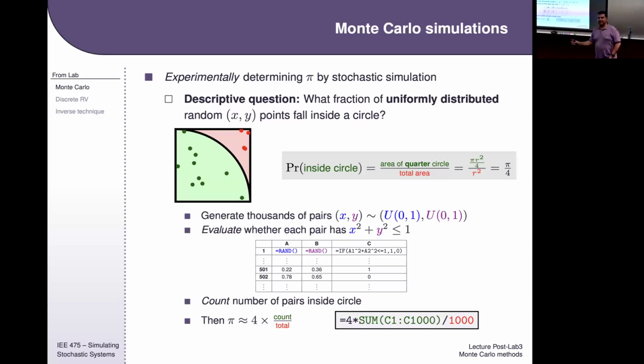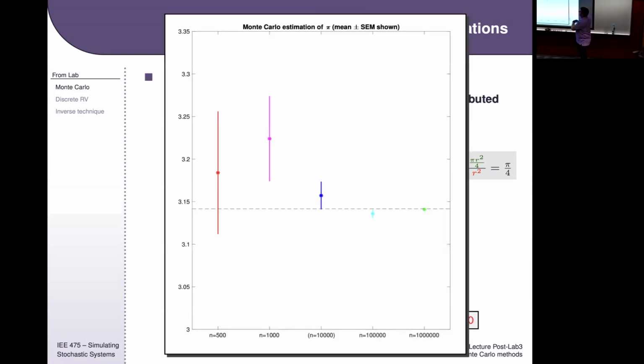That makes sense. You're just estimating a proportion of points, and that's where the stochasticity comes into play, because this ratio will converge to the probability. Okay, so that's the simple example of this.